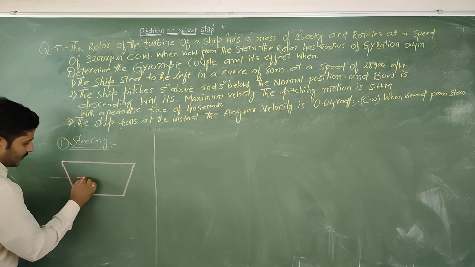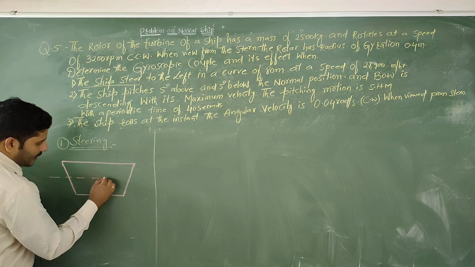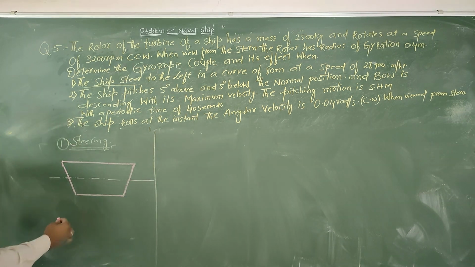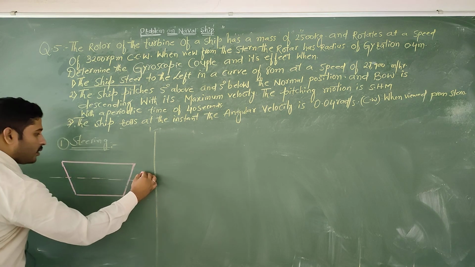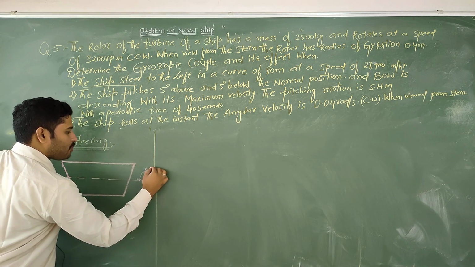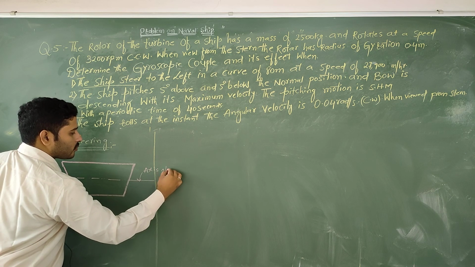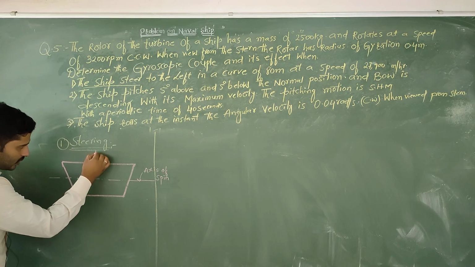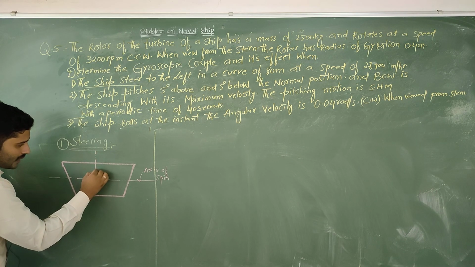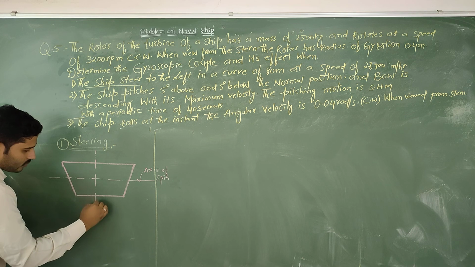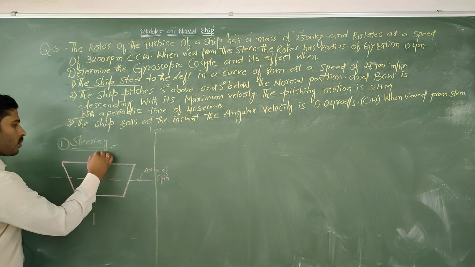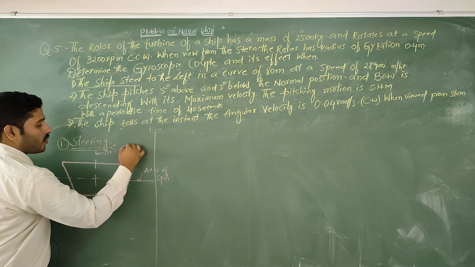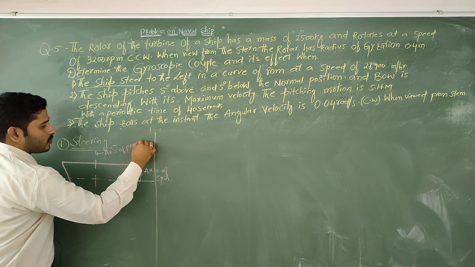The horizontal axis is the axis of spin, and the vertical axis is the axis of precession.